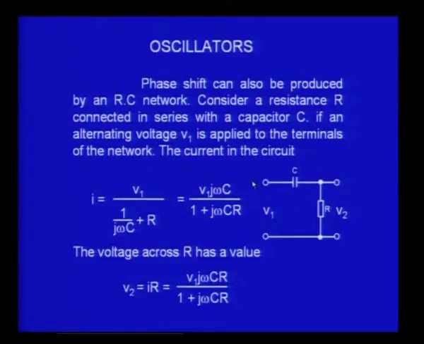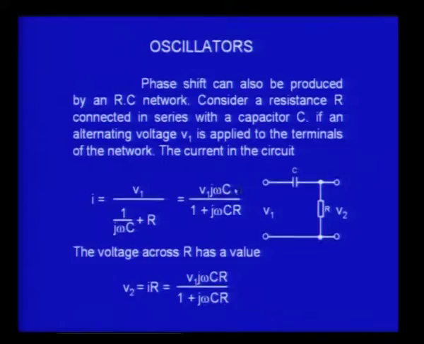The current is voltage V1 divided by the total resistance, by Ohm's law. Therefore, I is equal to V1 divided by the total resistance, which is R in series with capacitance, R plus 1 by j omega C. 1 by j omega C is the capacitive reactance.